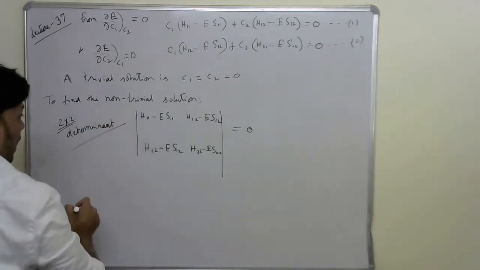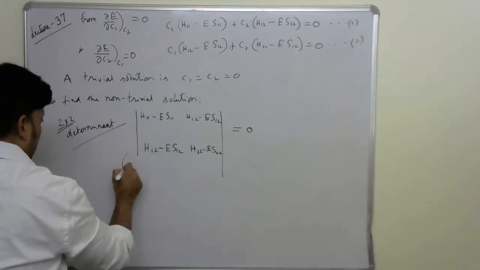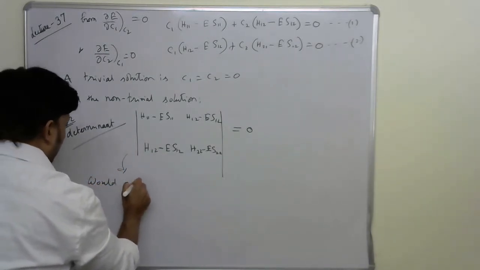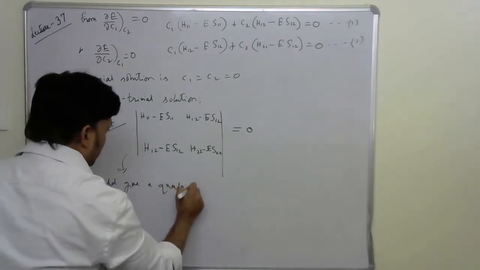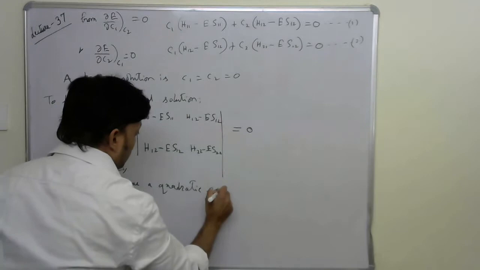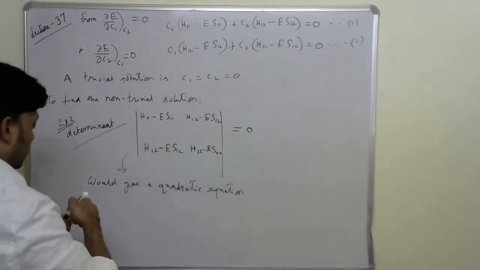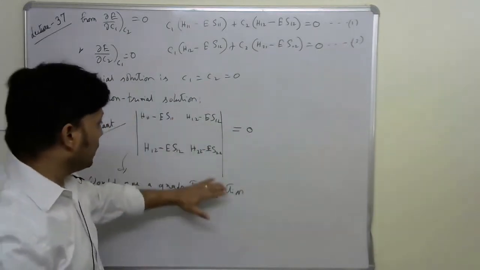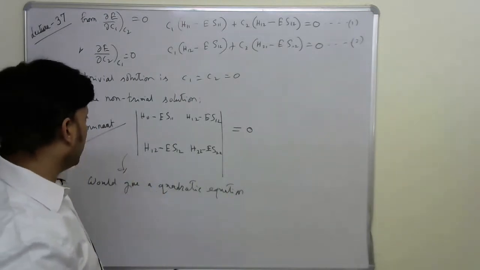So this is a 2 cross 2 determinant, and this would give a quadratic equation. Now you see the quadratic equation that we will get is free from C1 and C2 terms, definitely.